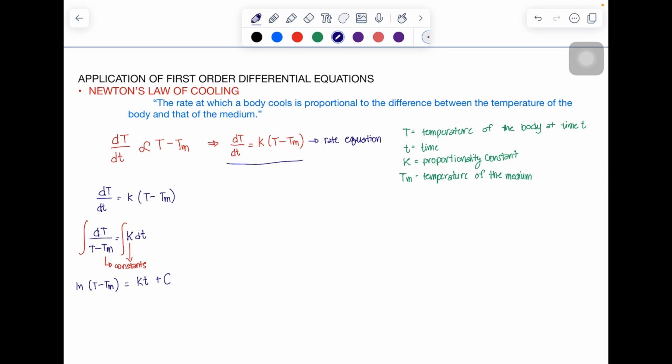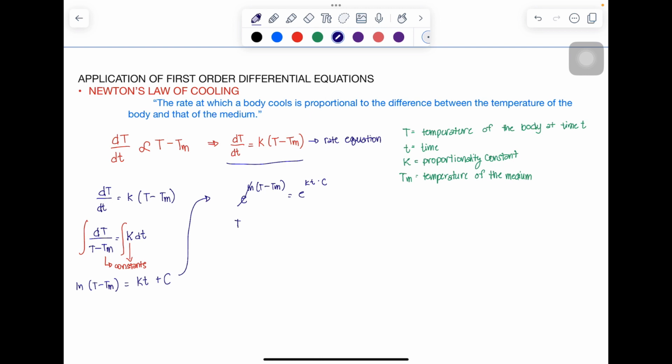So let's raise everything to the e. Okay, so we have e to the power of ln of T minus Tm is equal to e to the kt times c. So this will be cancelled out.